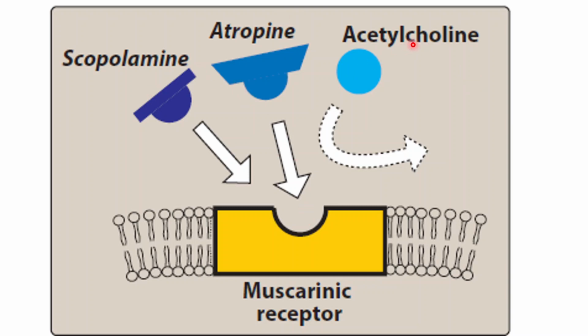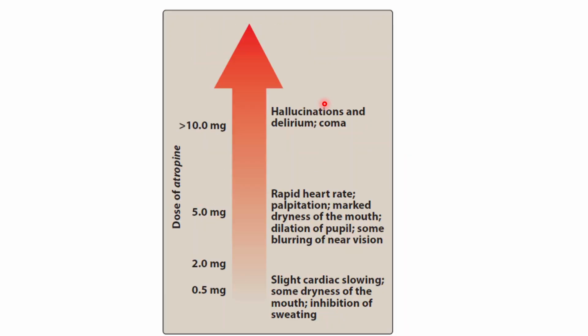That means that if we increase the concentration of acetylcholine, it will replace the atropine, and vice versa. If we increase the concentration of atropine, it will replace acetylcholine back. So whoever has higher concentration near the receptor, the predominant action will be of that agent. It can be atropine, scopolamine, acetylcholine, or any other drug.